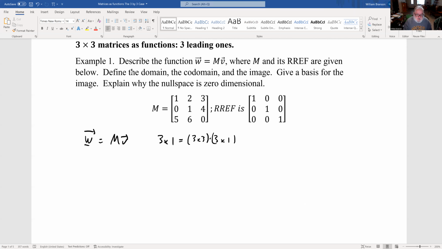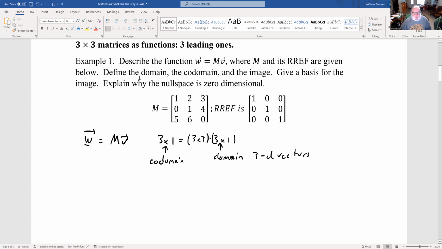So our domain is 3-dimensional vectors. And our codomain is also 3-dimensional vectors. So we have a function from the set of 3-dimensional vectors to the set of 3-dimensional vectors.